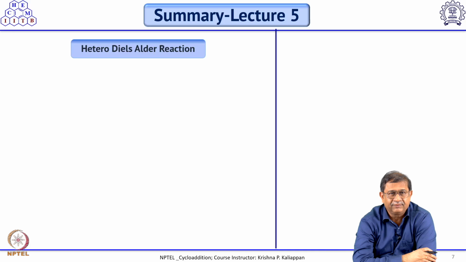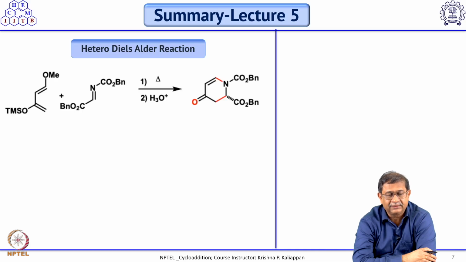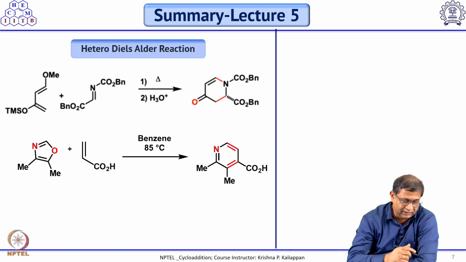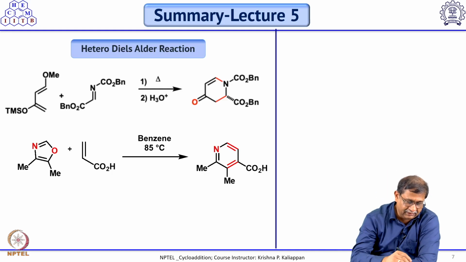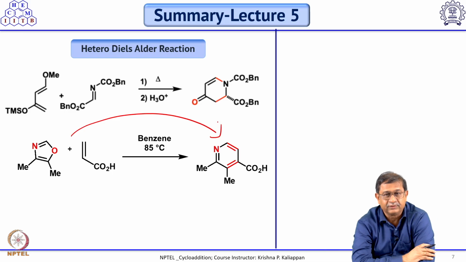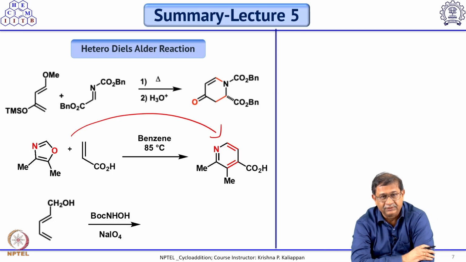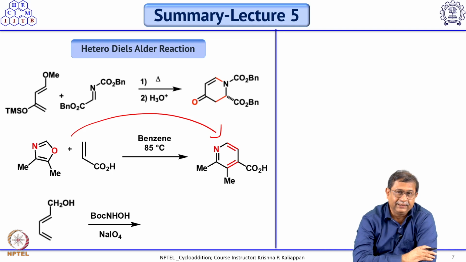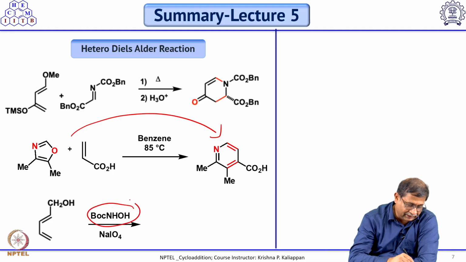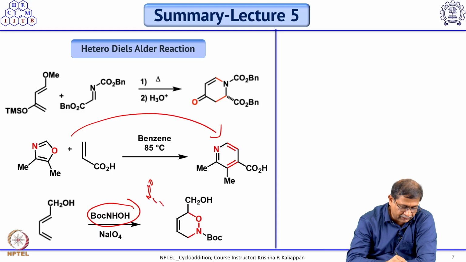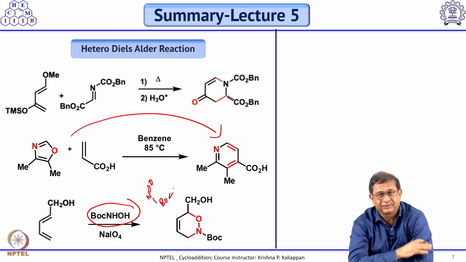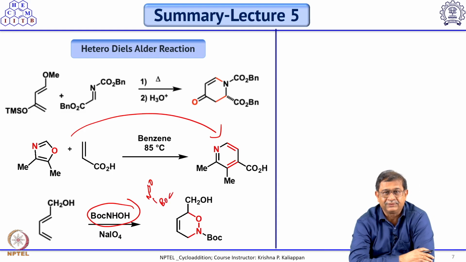In the 5th lecture, we continued this hetero Diels-Alder reaction, and then we discussed several examples, and in this particular example you can see this Diels-Alder reaction also leads to the pyridine, a highly substituted pyridine, and in some cases the heterodienophile was generated in situ. For example, NO is generated in situ by treating with sodium periodate, so that underwent 4+2 cycloaddition reaction.